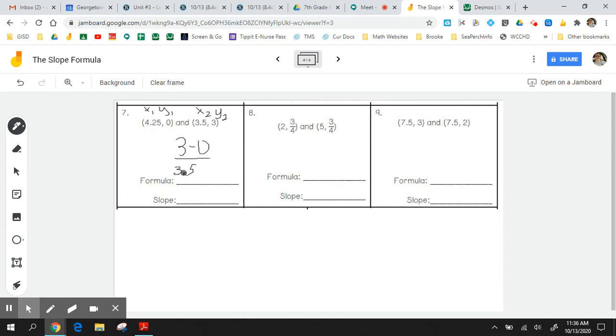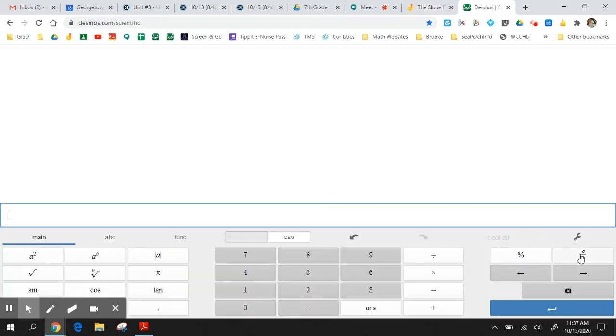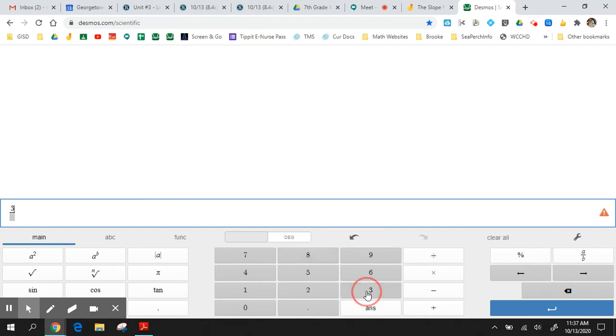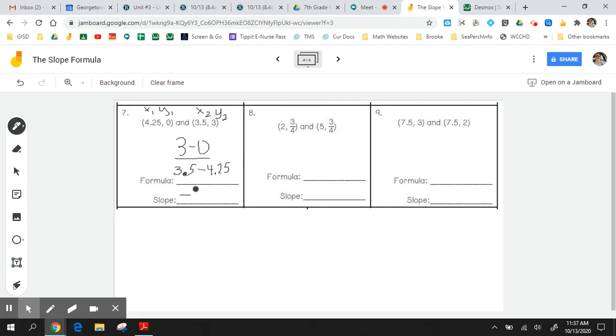Oh, my decimal did not show up. Okay. Go to Desmos. Clear this. So it was 3 minus 0 and 3.5 minus 4.25. And we get -4 as our slope. Okay.